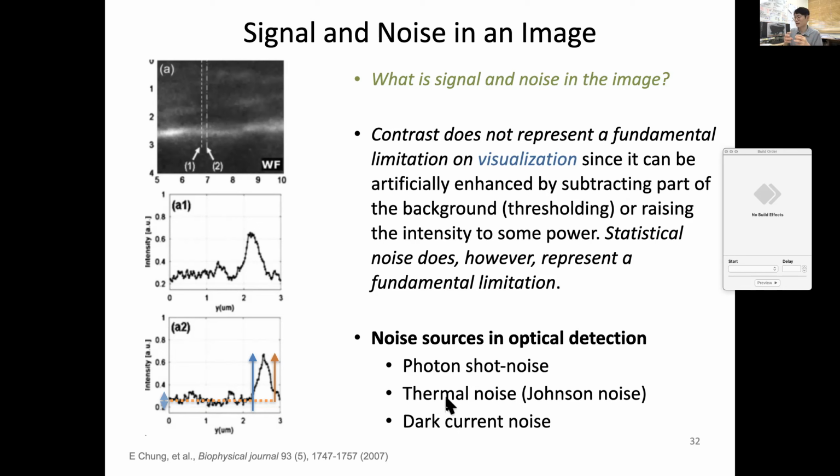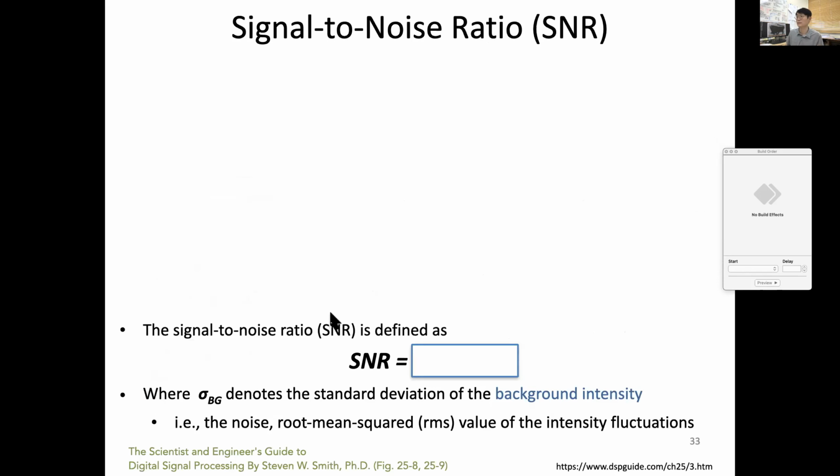That's why many times you cool down your instrument to reduce this thermal noise. And also dark current noise is always present: as you have longer exposure time, your noise increases linearly. So these are kind of three typical noise sources. It's good to hear them once at least.